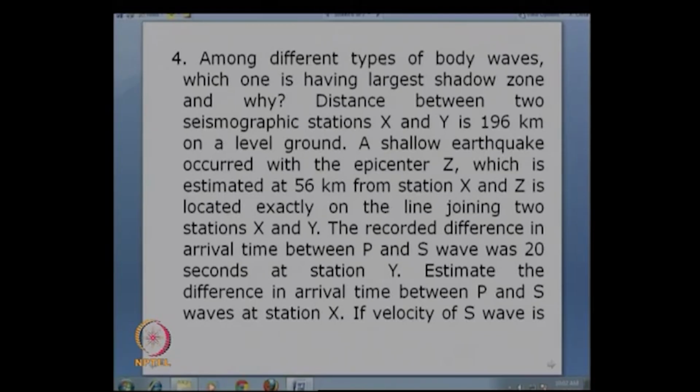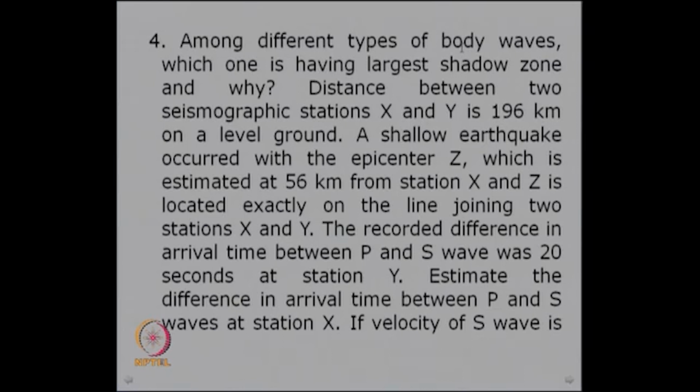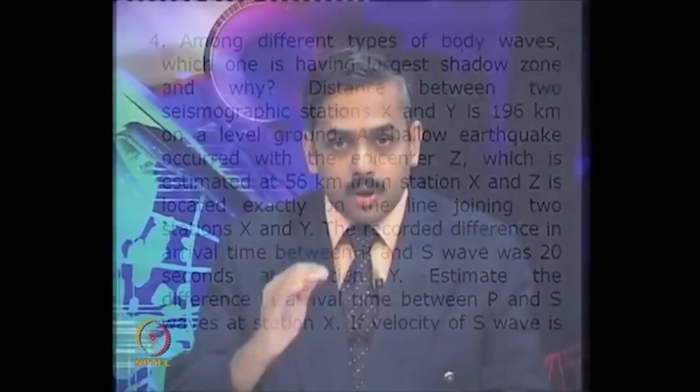That is the answer of this first part, but it is asked why. So, you need to explain it. You have to mention that the earth's interior is composed of crust followed by mantle followed by core, and out of that, the inner core and outer core is a molten fluid material, not a solid material.